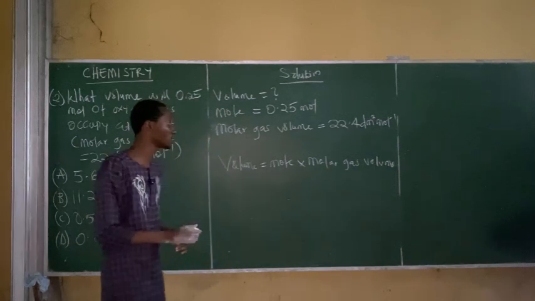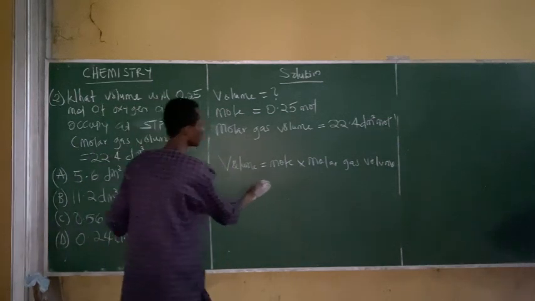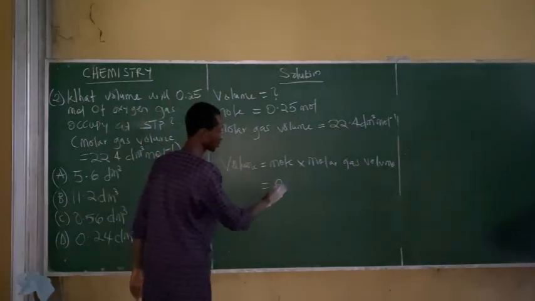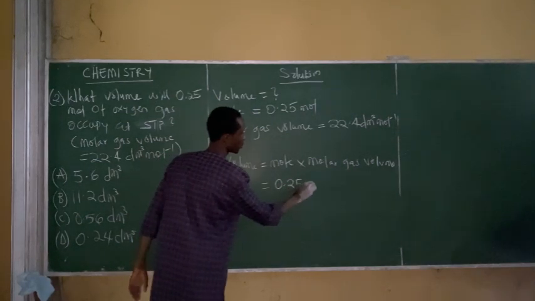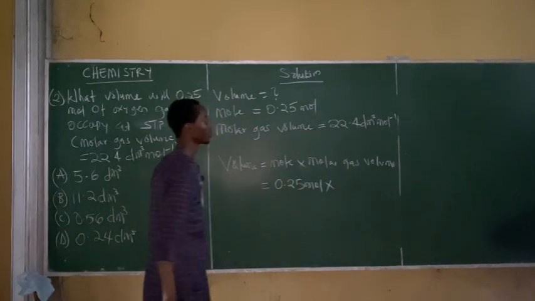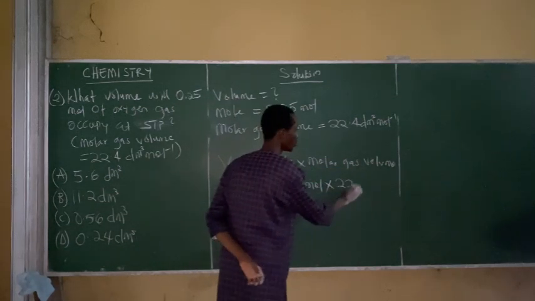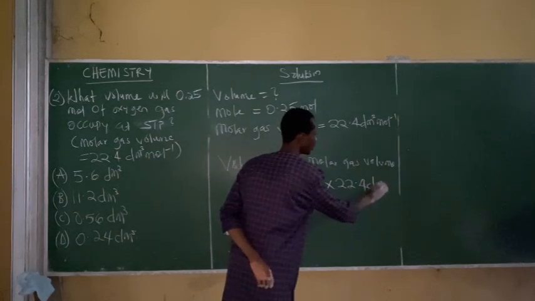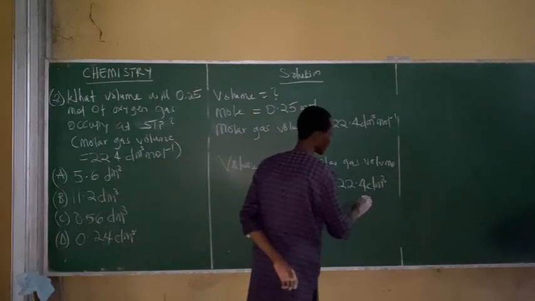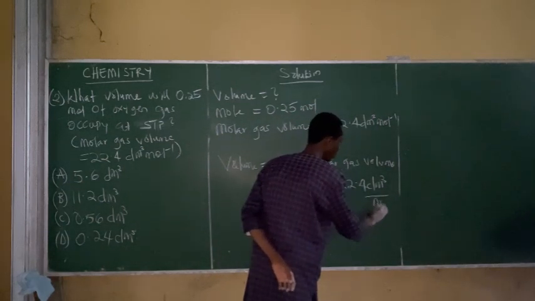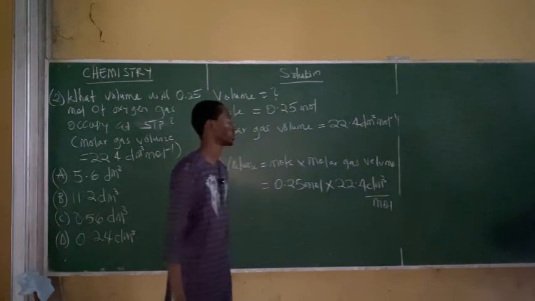If we substitute these values, we have that volume is equal to 0.25 moles times the molar gas volume, 22.4 dm cube per mole, which is the same thing as divided by mole. That's what this per mole means.